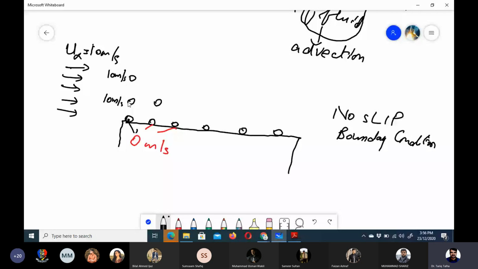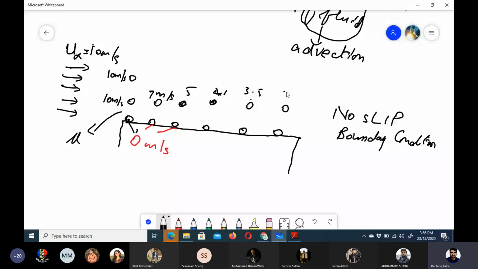This second layer's first molecule would be dragged a little bit, because due to viscosity, which is the resistance to flow, the first molecule would exert a force on this one and reduce its velocity. Let's say its velocity becomes 7 meter per second. If it moves further down, its value would become 5 meter per second, 4 meter per second, 3.5 meters per second, and 3.2 meter per second.